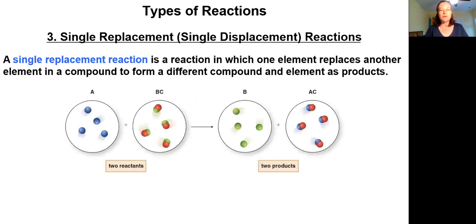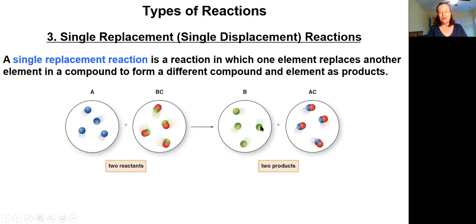A single replacement or single displacement reaction. This type of reaction is one in which one element replaces another element that's in a compound to form a different compound and element as products. So with our generic element A, it has come across the couple BC, and I guess C thinks A is pretty cute and they break up.